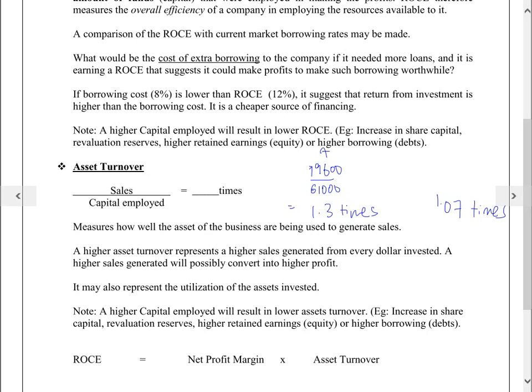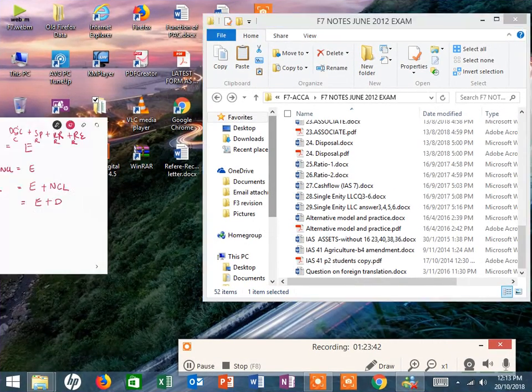Okay, we explain the profitability ratio first. We start with GP margin.